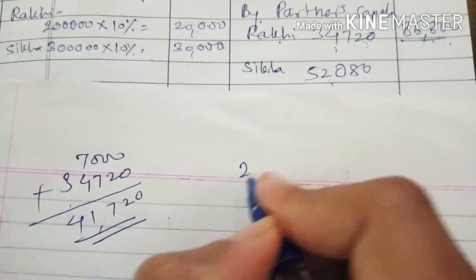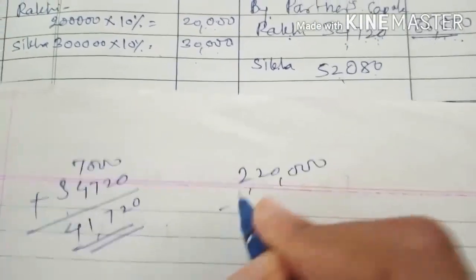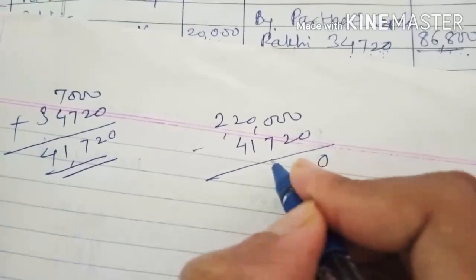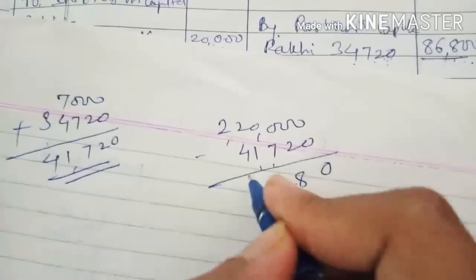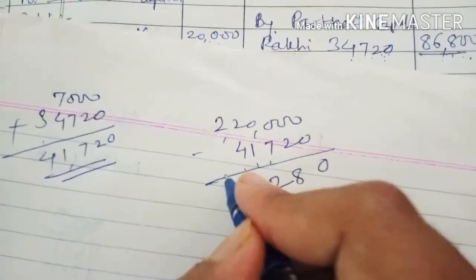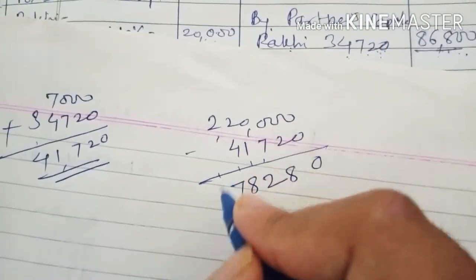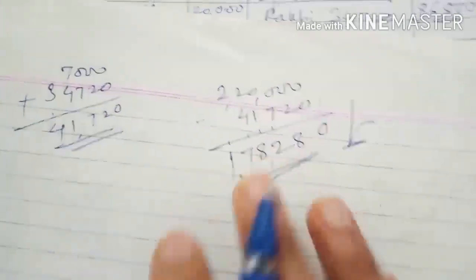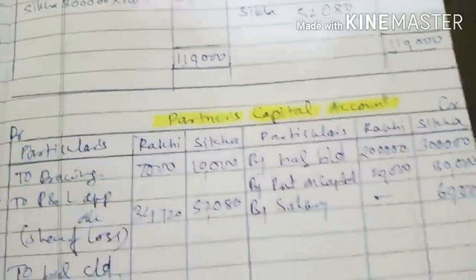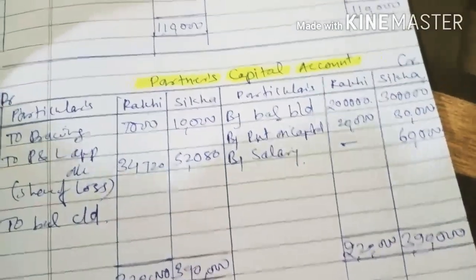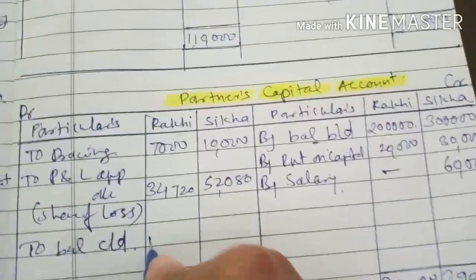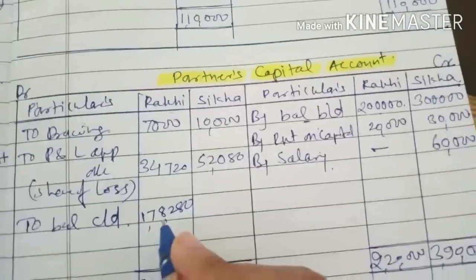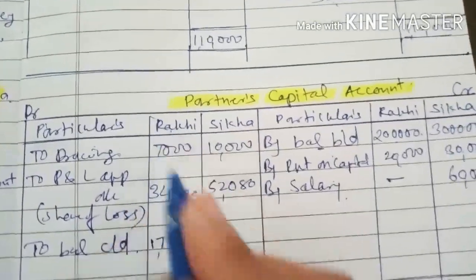So 2,20,000 minus 41,720 is 1,78,280 rupees. This is the closing balance of Raki.